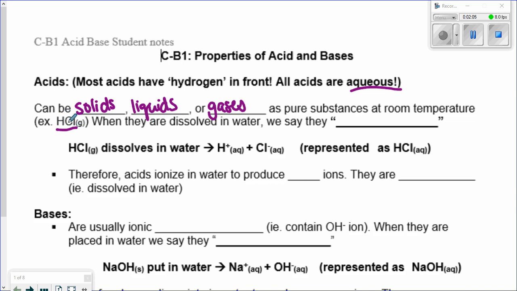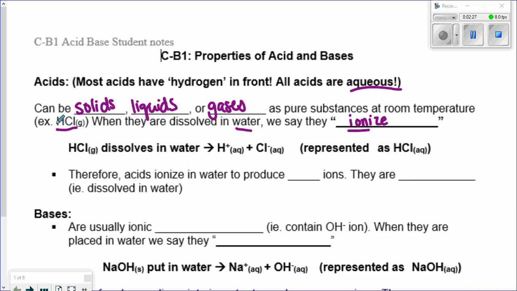So hydrogen chloride, when it is dissolved in water, we say that it ionizes. And so you see the word ion in there. That means that when we're talking about something ionizing, it forms ions in solution.